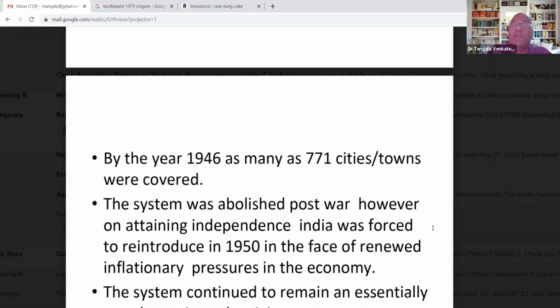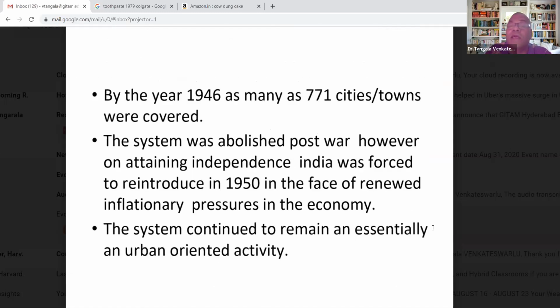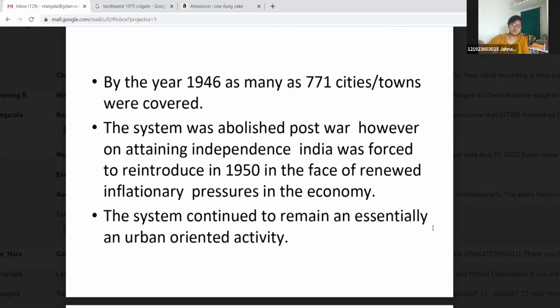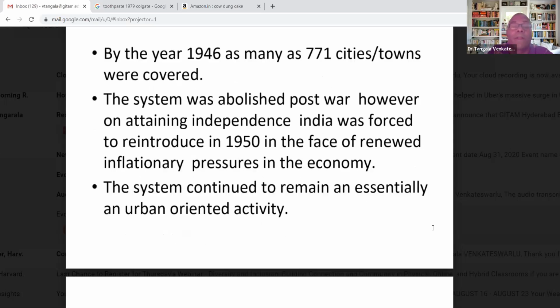By 1946, there were 771 cities and towns which had a PDS system. Again, it was abolished post-war. With the attaining of independence in 1950, with inflationary pressures, this system got reactivated.